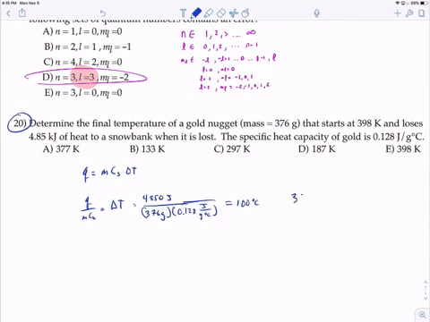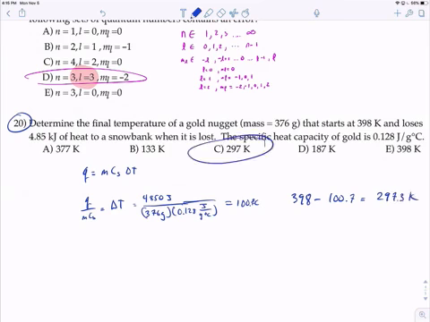So it's 398 minus 100, which is about 298 Kelvin.